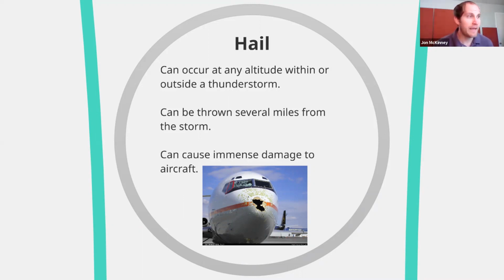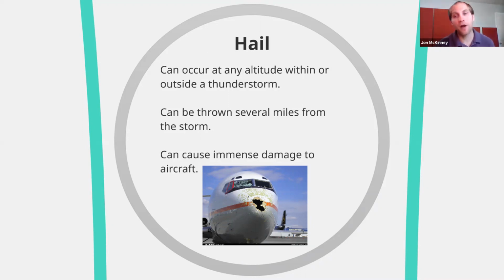Bad stuff, hail. So this is one of the big reasons why we're supposed to stay 20 miles, if not 40 miles away from thunderstorms. We're moving at 100 miles an hour. We don't want a big hail ball coming and hitting us, cracking our windscreen open. Gosh, imagine, it's not good for the engine, especially a jet engine, to try to ingest the hail either.